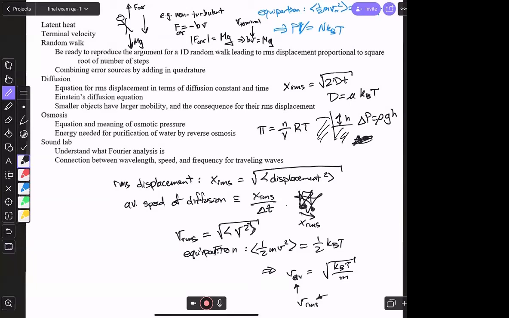Very, very important idea in all fields of science. And also quantitatively understand the connection between wavelength, speed, and frequency for traveling waves, by which I mean that the velocity is the wavelength divided by the period, which you could also write as the wavelength times the frequency.